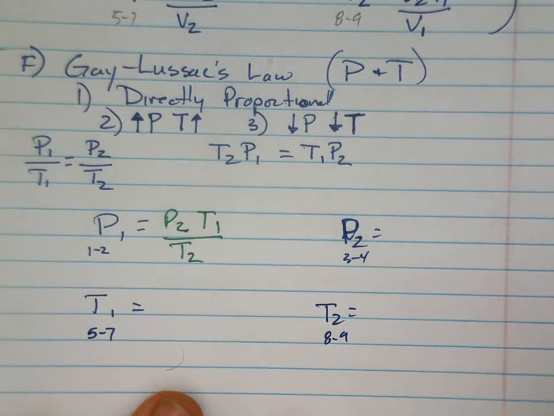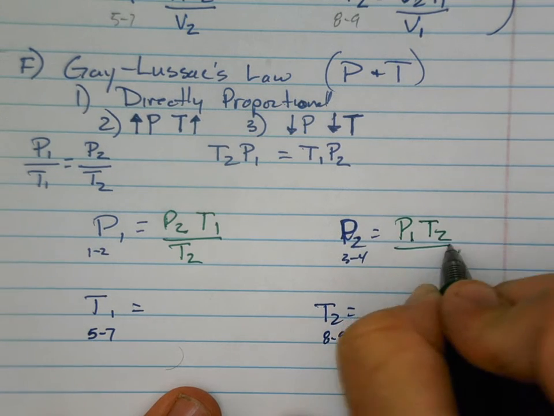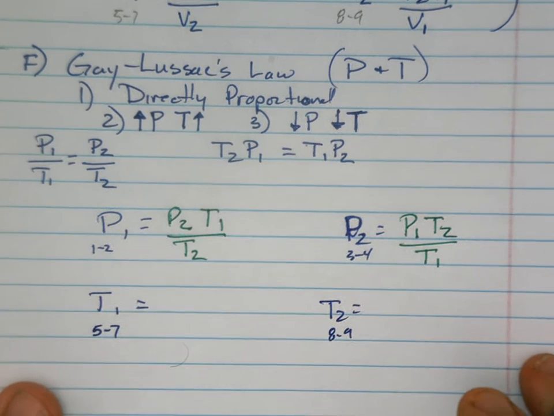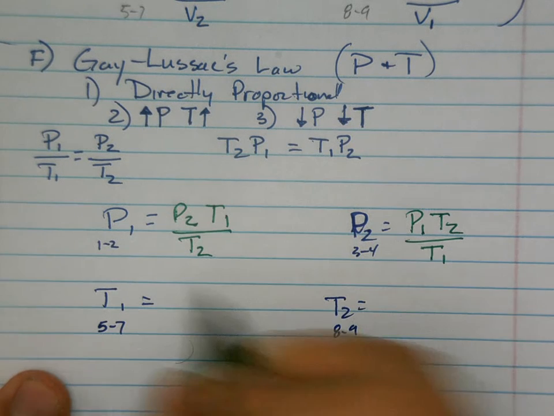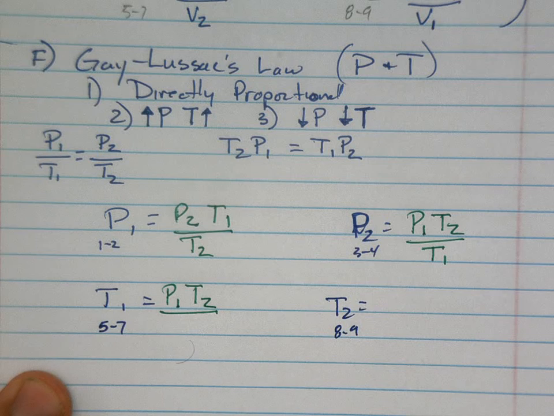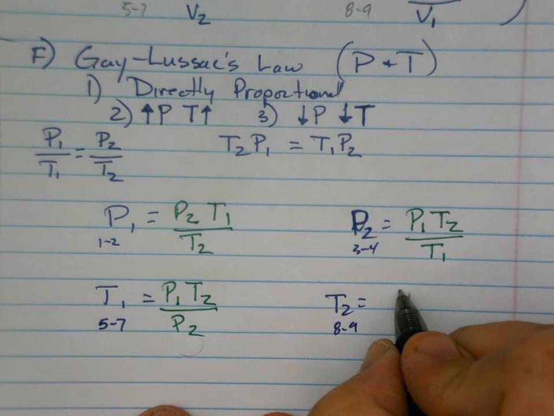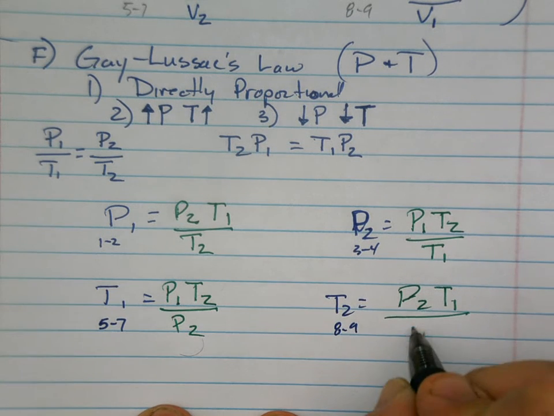Hopefully you got pressure 1 times temperature 2 divided by temperature 1. Groups 5 through 7, hold up your boards. Hopefully you've got P1 times the temperature 2 divided by the new pressure. And lastly, groups 8 and 9, hopefully you worked out that pressure 2 times T1 divided by P1.